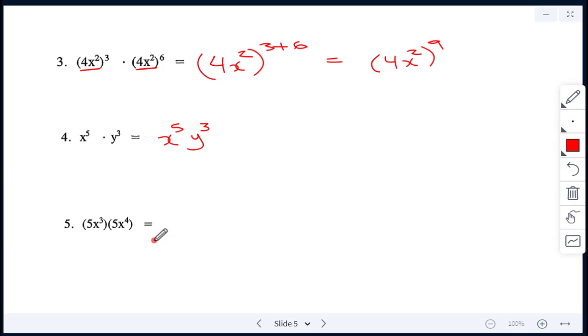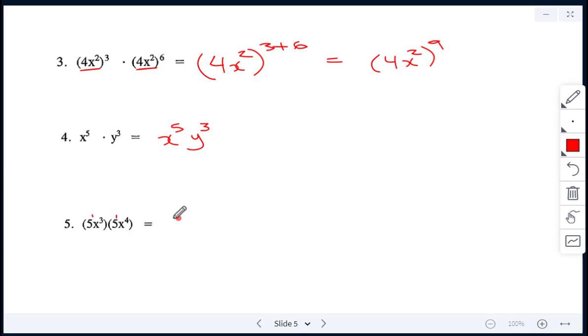All right, here we have 5x to the power of 3 multiplied by 5x to the power of 4. So what we can do here, we know that there's 5, it's basically 5 to the power of 1 and 5 to the power of 1.